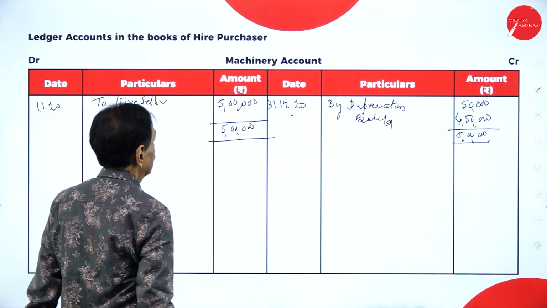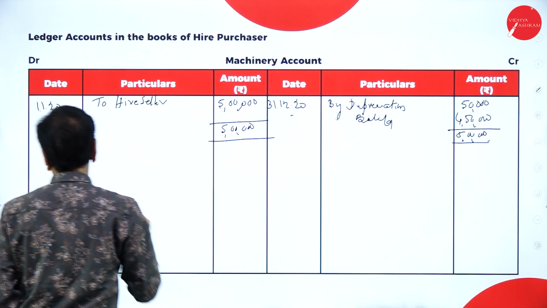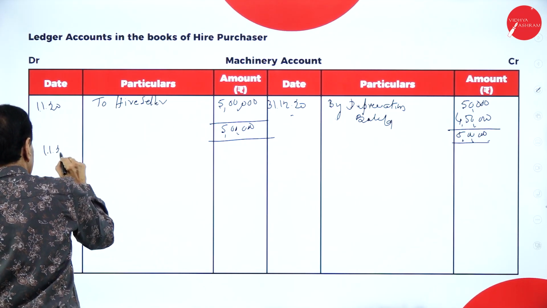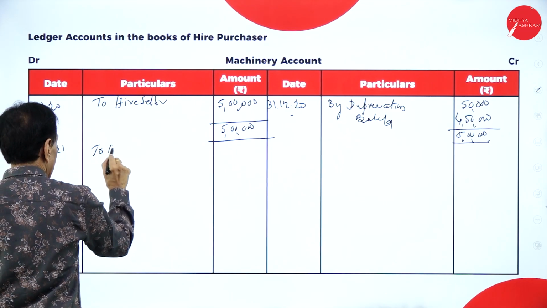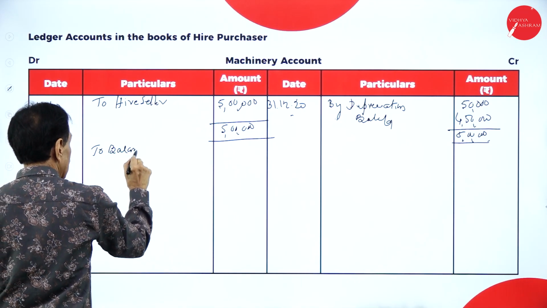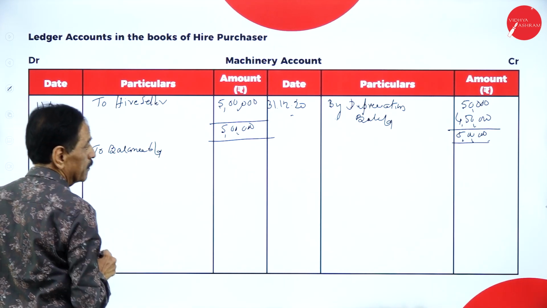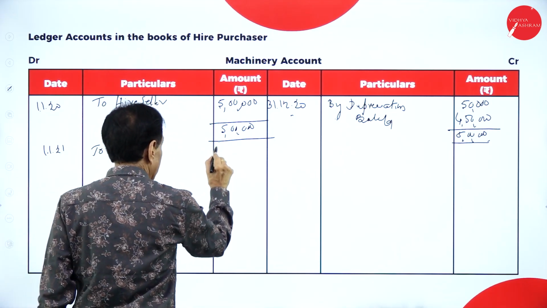First year over. Second year, 1/1/21, to balance brought down, 4,50,000.